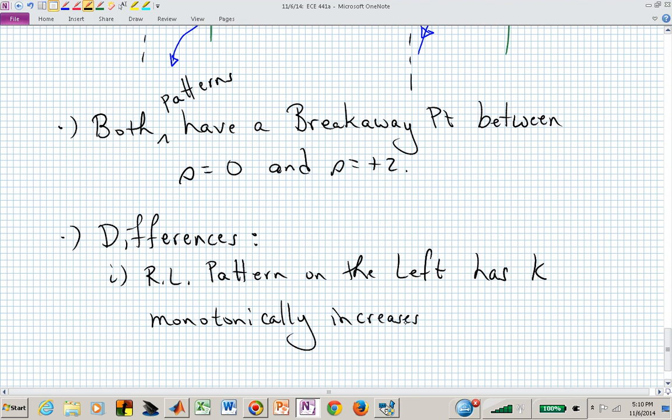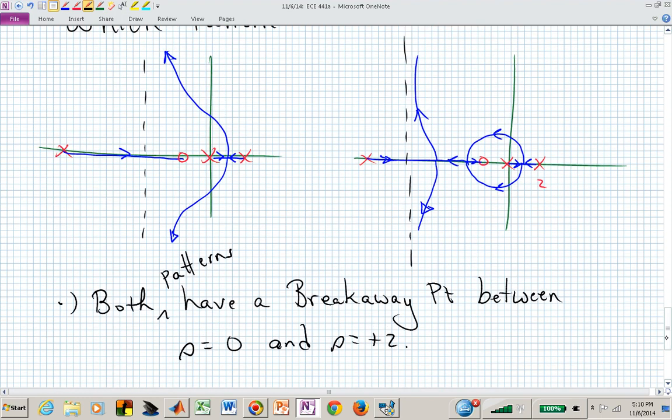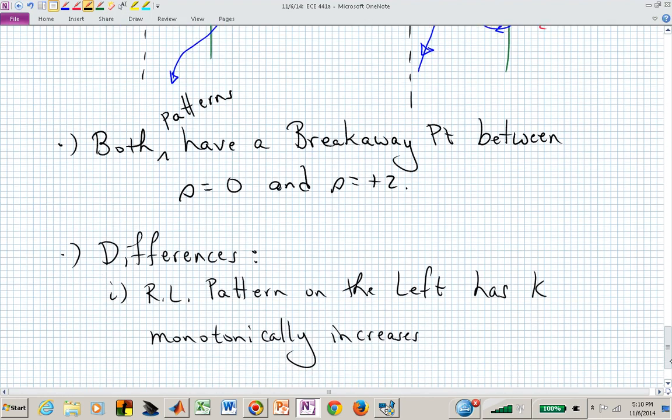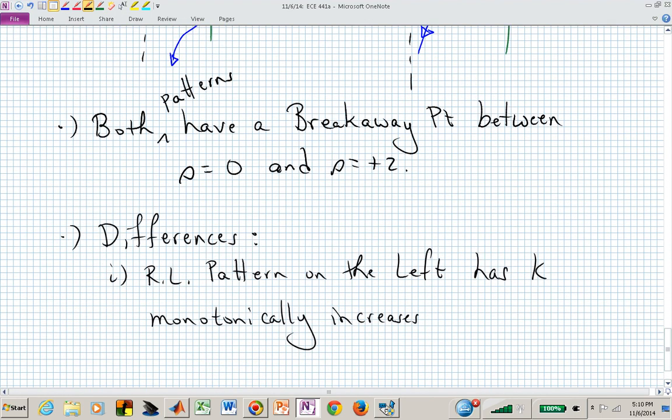By that I mean there's no relative minimums or relative maximums between -10 and -1. K just continues to increase monotonically. So it's monotonically increasing the gain K.